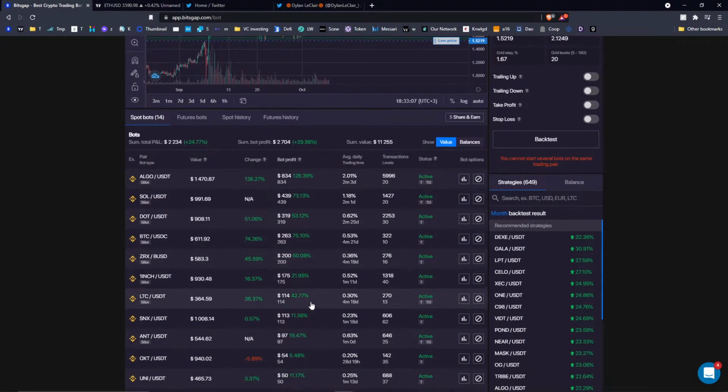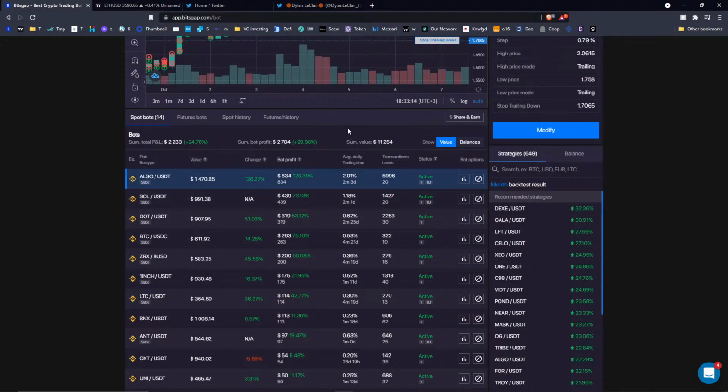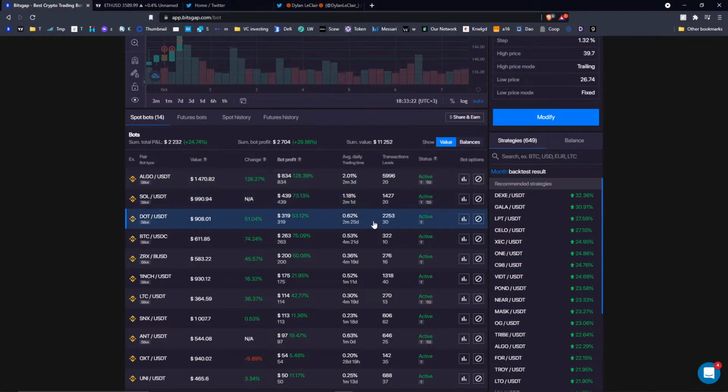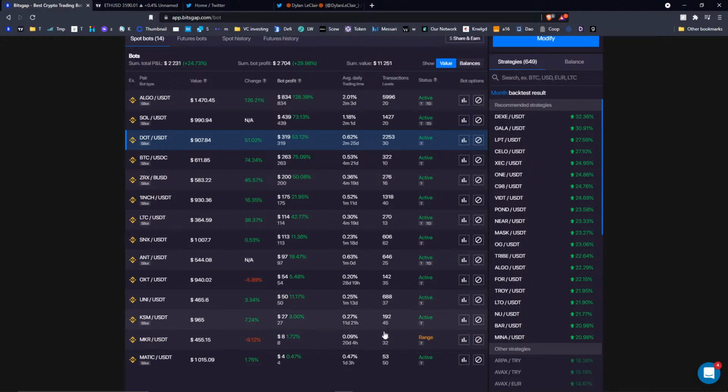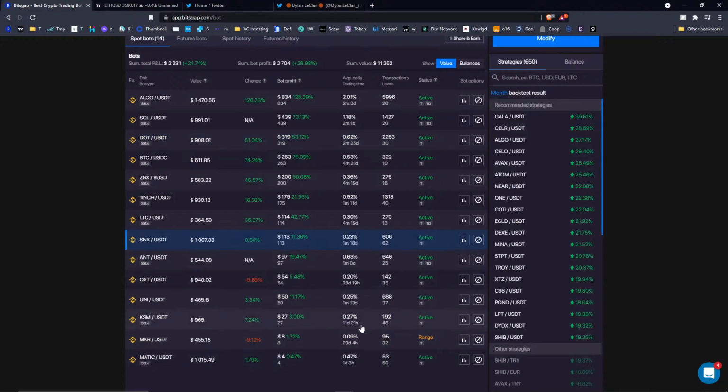And you see, in most of my active strategies I have 20 grid levels, and those are top performers. Algo 20, top performer. Solana 20, top performer. Dot 30, top performer. Whereas here you see I have 50, 32, 45, 62.